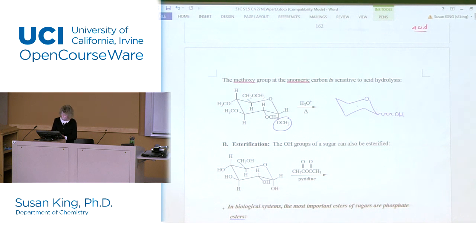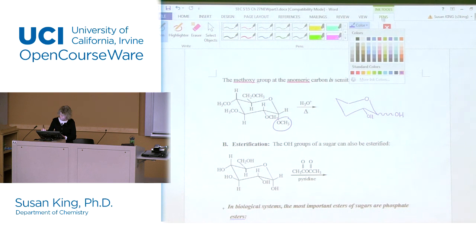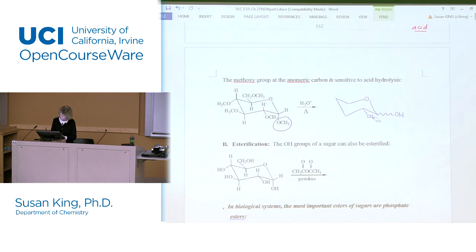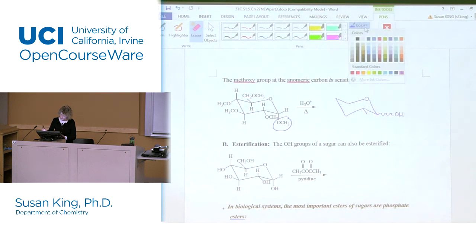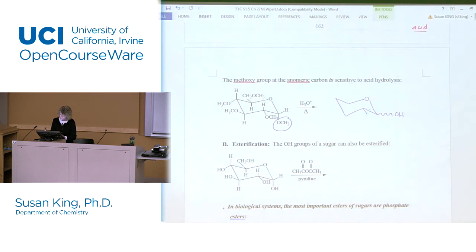And the rest of these are ethers, and they're going to stay. And certainly this other OCH3 here is also going to stay.